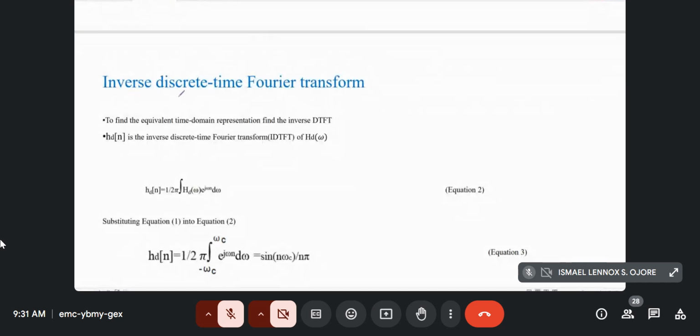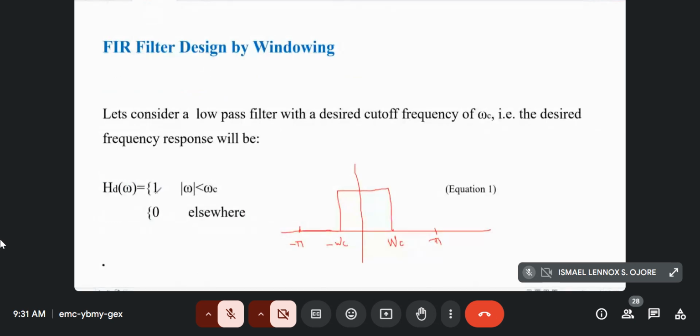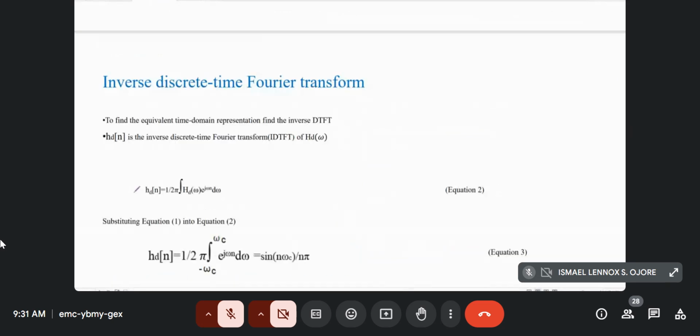So you have the inverse discrete-time Fourier transform. If you do the inverse discrete-time Fourier transform, you are going to get h_d[n].